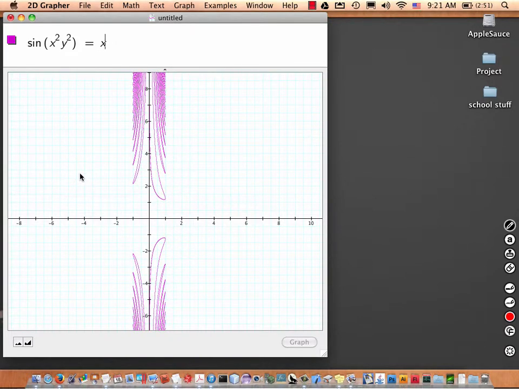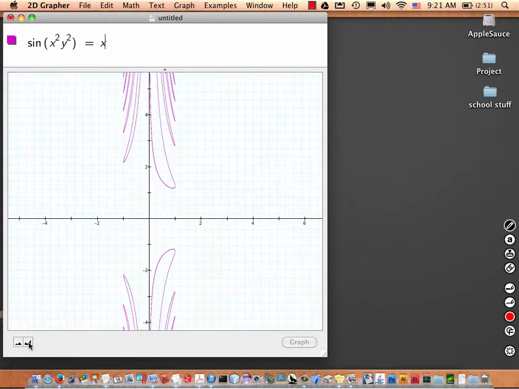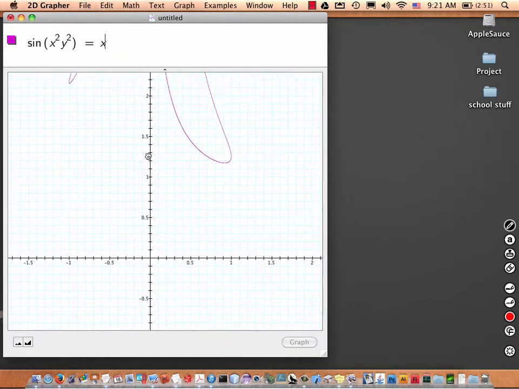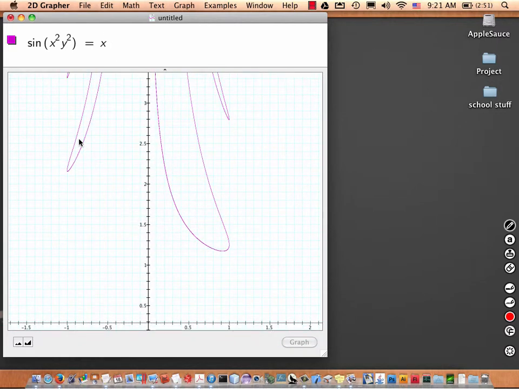Some of these curves are very beautiful. It's really artistic. You'd never expect it to look like that unless you started plotting points in. But right here, I zoomed in. If I put a point here where my cursor is, that's an ordered pair on the curve, right?